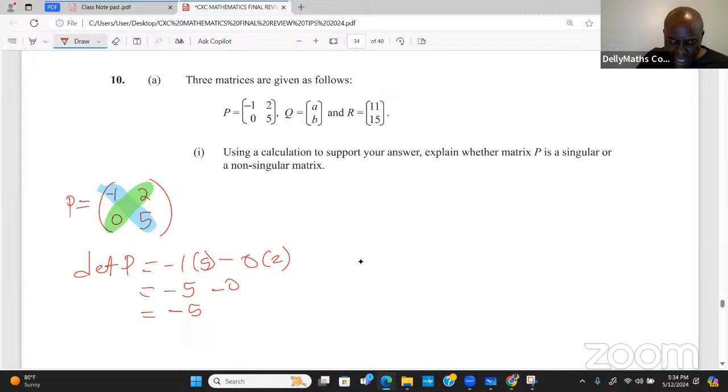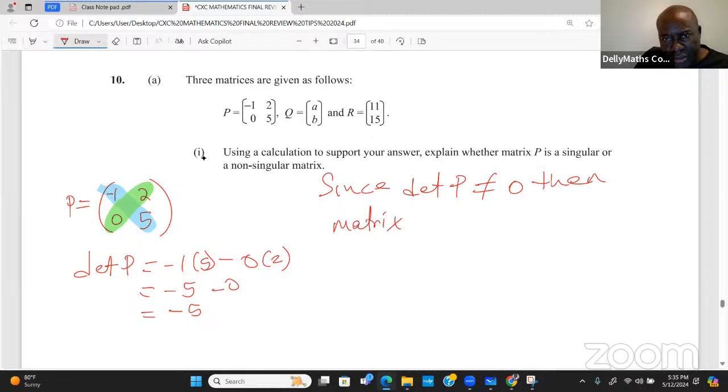Now, since this -5 is not 0, you could write that since the determinant of P is not equal to 0, matrix P is non-singular. That's it.